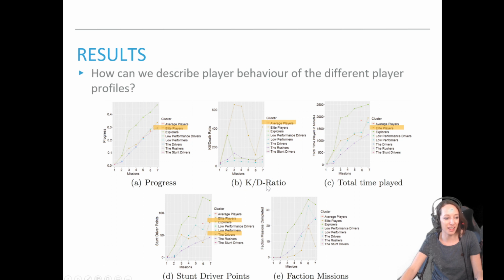For the kill-death ratio, you can certainly see that the elite players have quite high values, especially in missions 3 and 4. And as an idea, you can also see it drops a lot in level 6. As a game designer, this is the point where you could ask yourself: did I provide enough fun or engaging elements for these player types in this specific level, or is there a small tweak to make this more interesting?